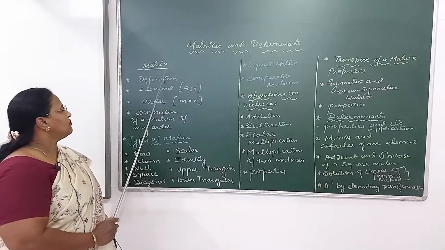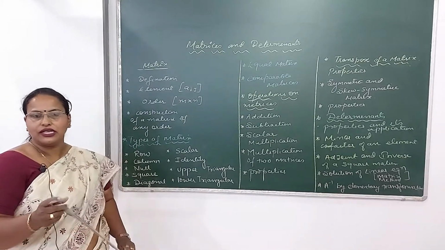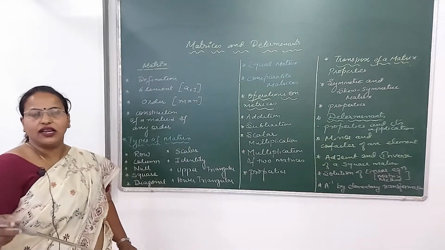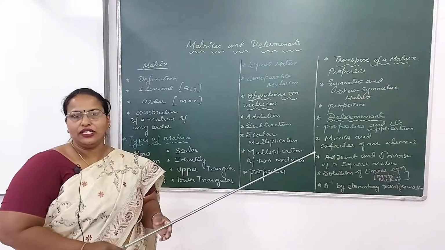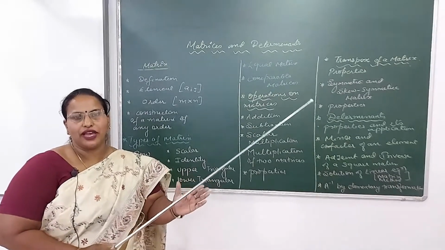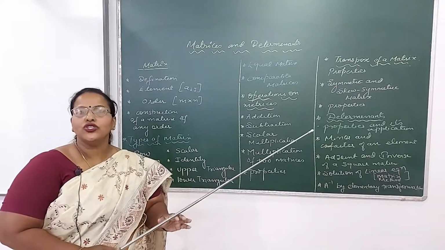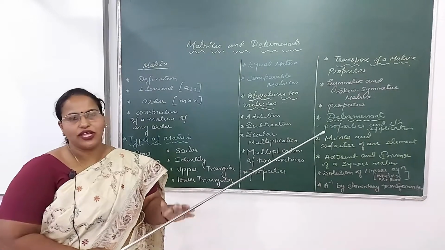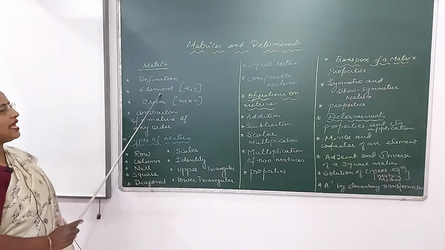Okay. So first of all, I have told you the definition of matrix. What is matrix? Matrix is basically a rectangular arrangement of elements done in rows and columns. The horizontal arrangement is called as row and the vertical arrangement is column. Now see, the next comes element.